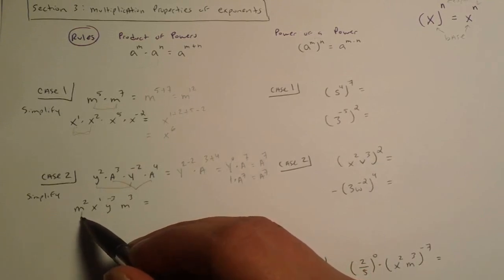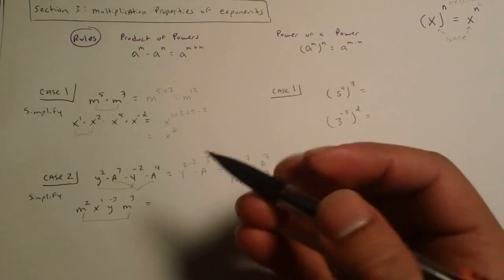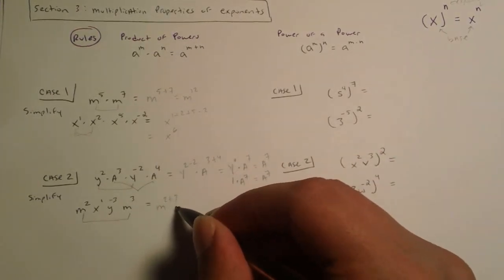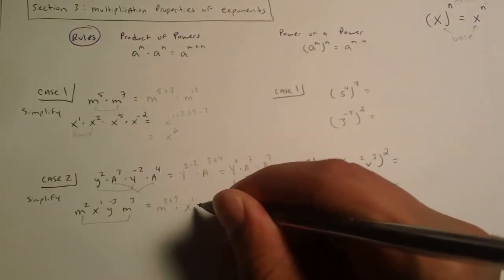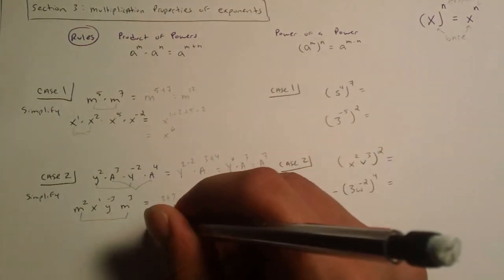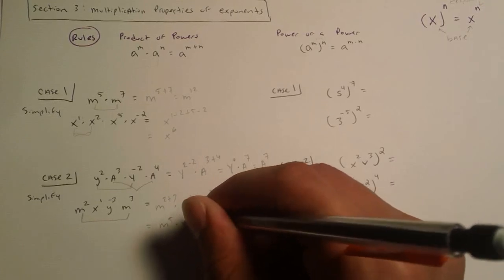So we have m squared and m to the 3, and we can deal with those first. So m^(2 plus 3) times what's left over, x to the 1 times y to the negative 3, which is equal to m^5 times x^1 times y^-3.